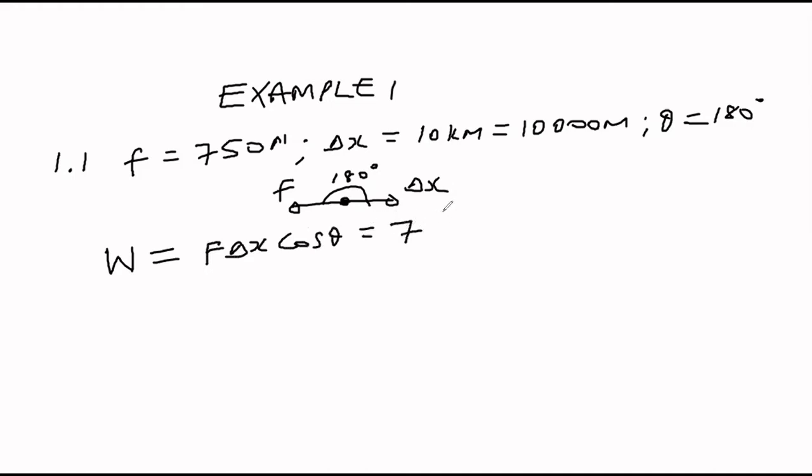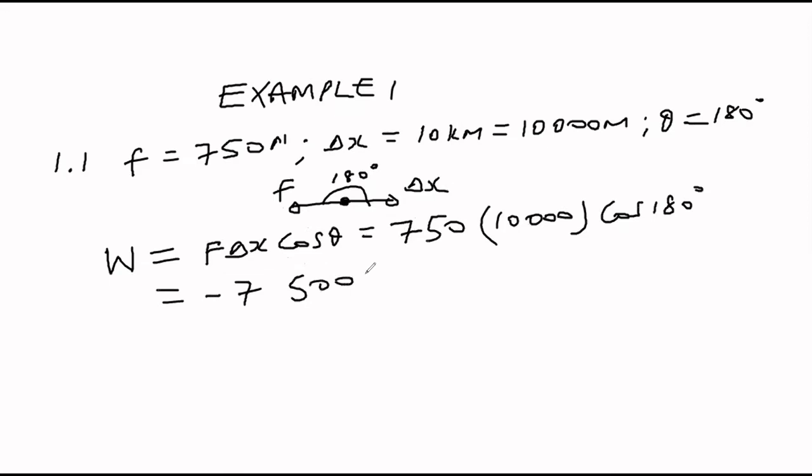We substitute: the force is 750, displacement is 10,000, and theta is 180 degrees. Let's make the calculation. We get negative 7,500,000 joules, which is the same as negative 7.5 megajoules.